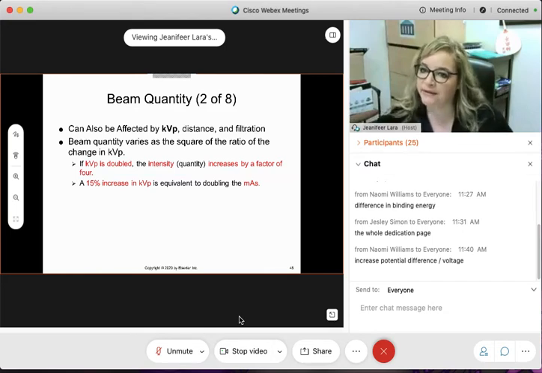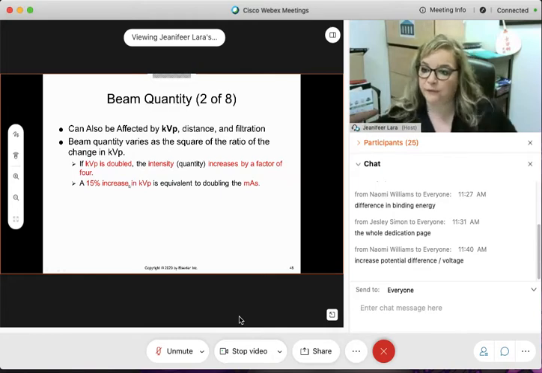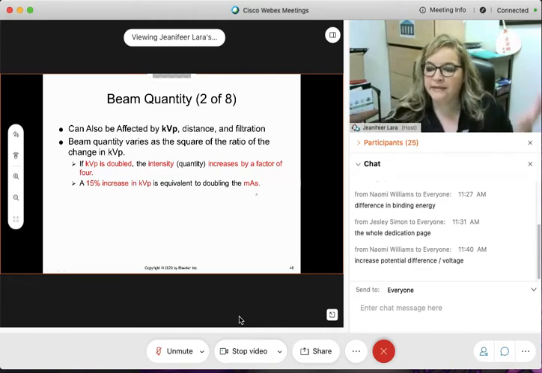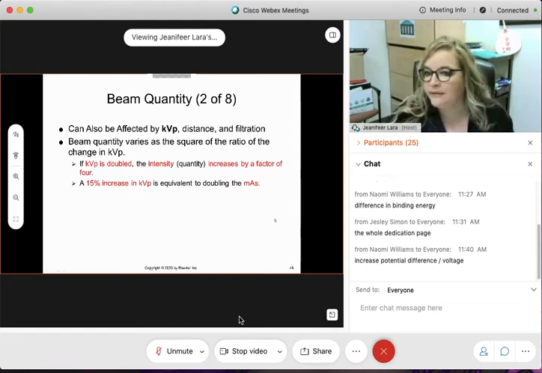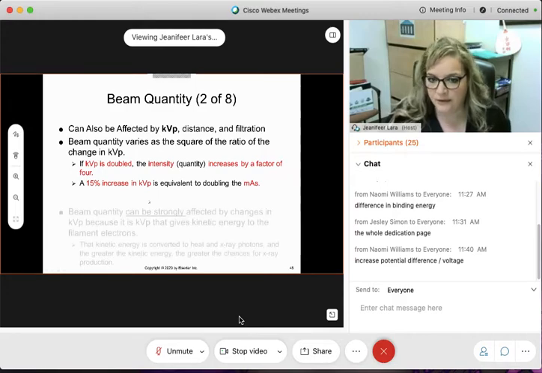Does that make sense? If you increase the kVp by 15%, not double, then it's like doubling the mAs. It has the same effect, but not directly. Like doubling the mAs means doubling the photons. No, it's just corresponding to that. Okay.